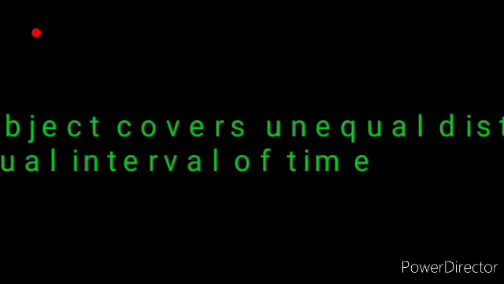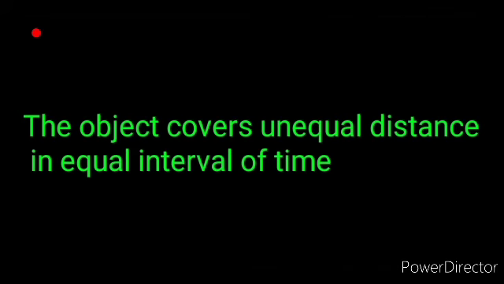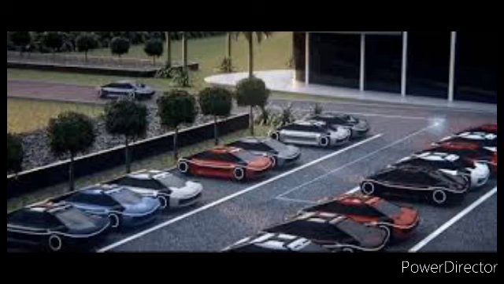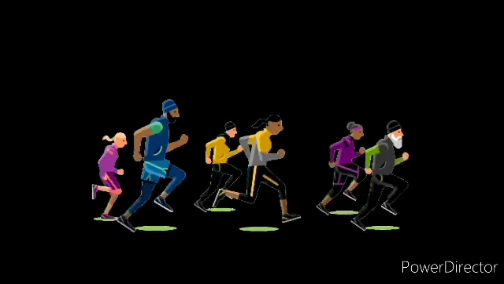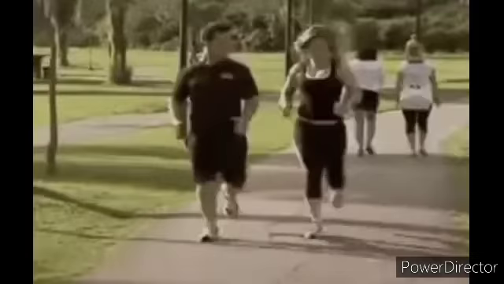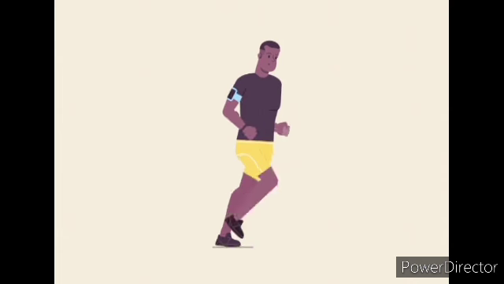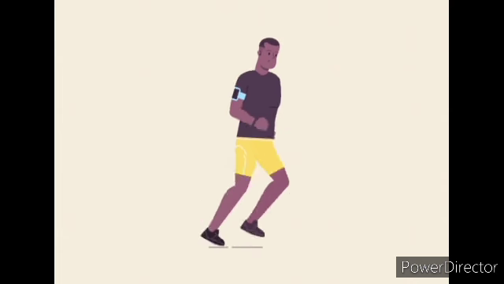Non-uniform motion means the object covers unequal distance in equal intervals of time. For example, when a car is moving on a crowded street or a person is jogging in a park. These are some instances of non-uniform motion.